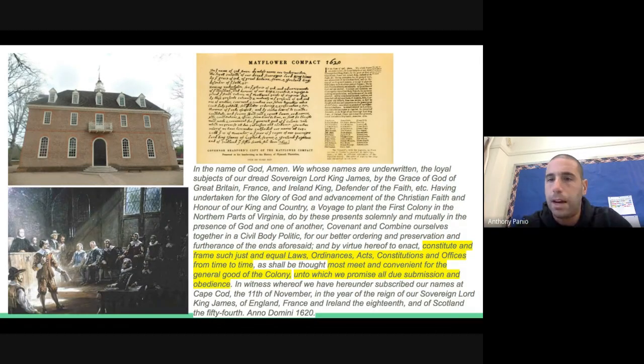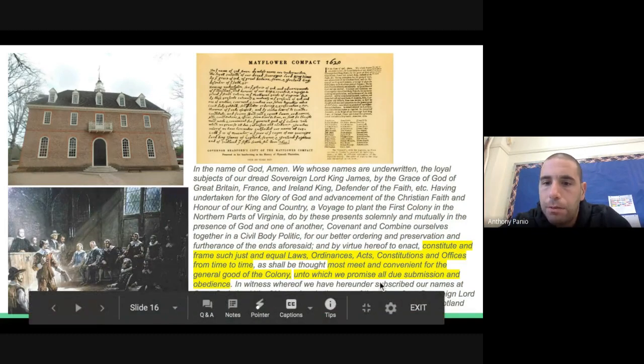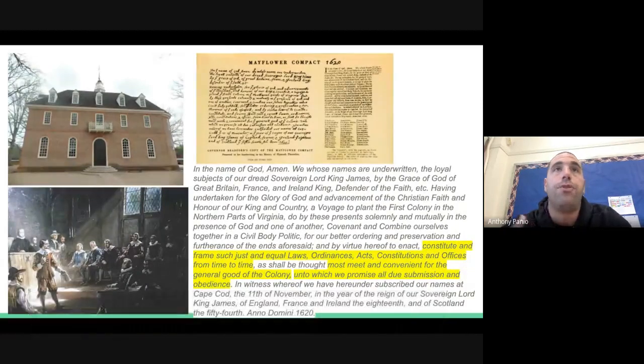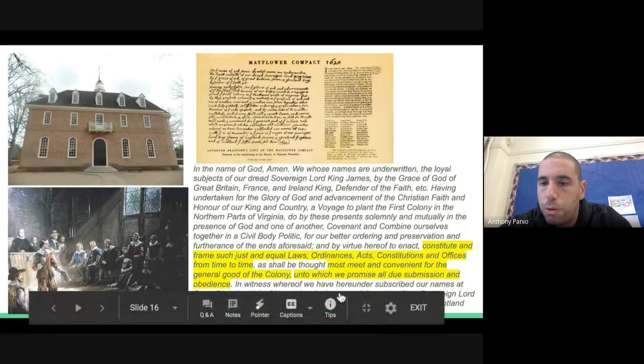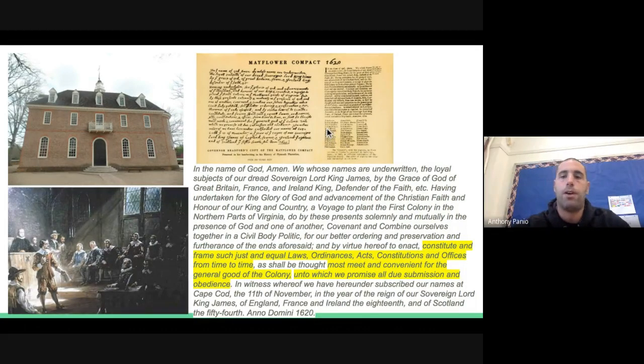So they're talking about how the laws they make are going to be just and fair, most meet and convenient for the general good of the colony. You've got to make sure that the laws are fair for the colony, "unto which we promise all due submission and obedience." They're all basically saying we're going to be obedient. We're going to follow the rules in this colony of Plymouth, Massachusetts. They're pledging themselves in this Constitution.